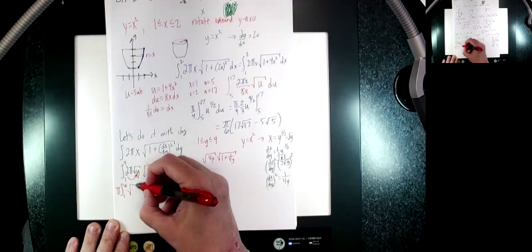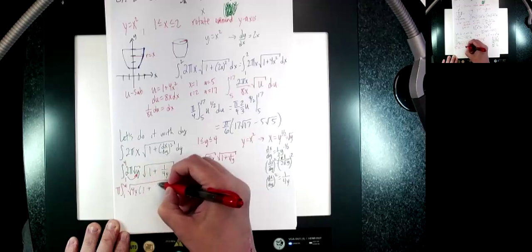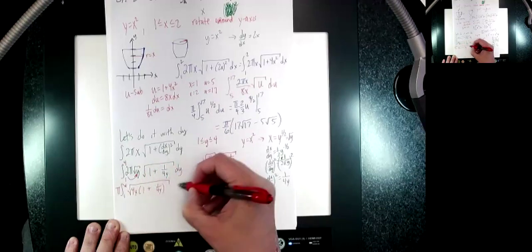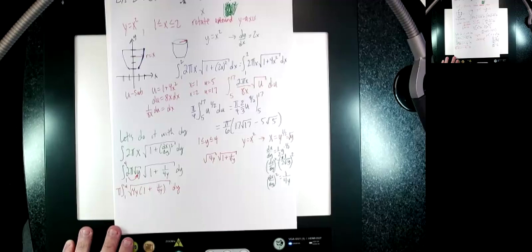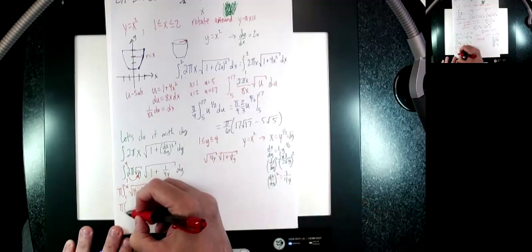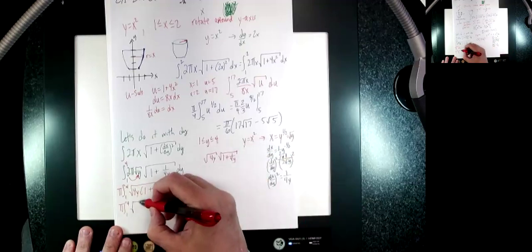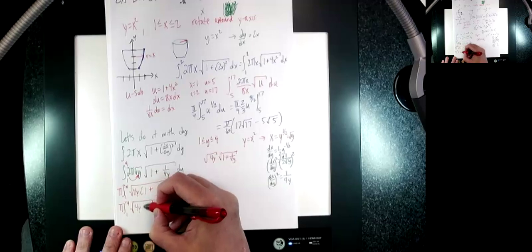This ends up being one radical of 4y times 1 plus 1 over 4y. And this was where you'll see it clean up pretty well. This just ends up being the square root of 4y plus 1 dy.